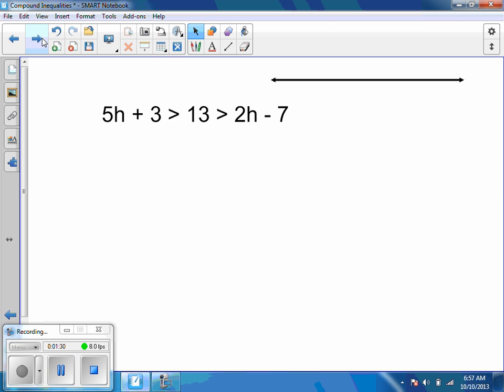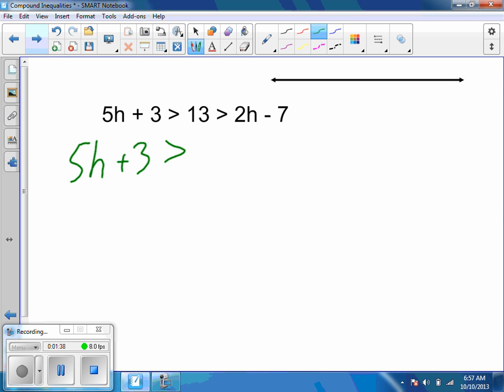Let's look at solving one of these inequalities with an and. What I really need to first do is separate the inequality. So I'm going to get 5h plus 3 is greater than 13, and 13 is greater than 2h minus 7. Now I'm going to solve the two separate inequalities.